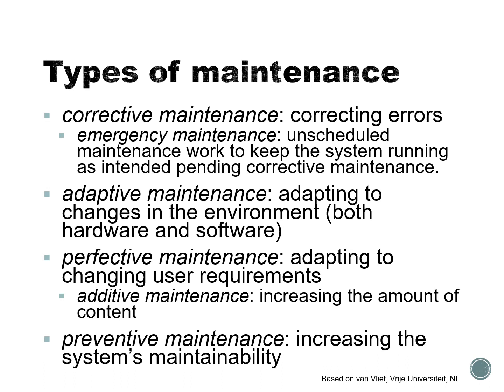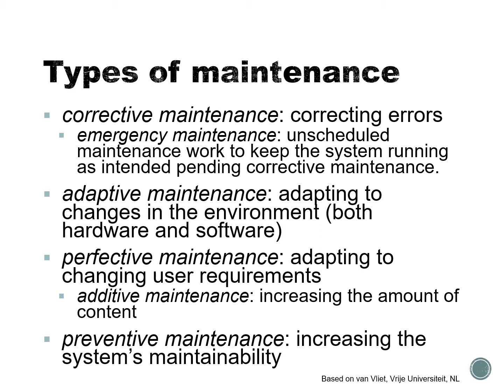Also, there are different types of maintenance. Corrective maintenance, adaptive maintenance, perfective maintenance, and preventive maintenance. There's also emergency maintenance, which is probably something that's currently being done on our university Moodle system. It means that something went belly up and we need to fix it as soon as possible.